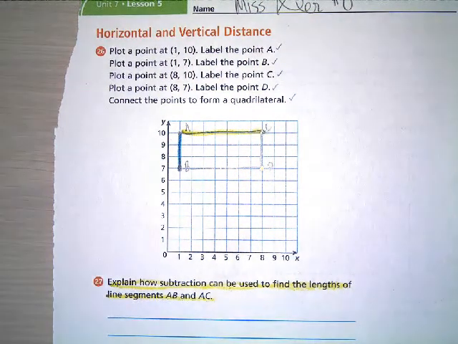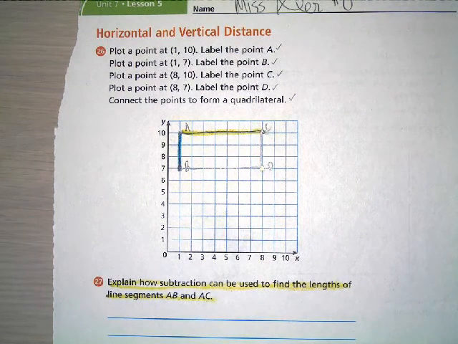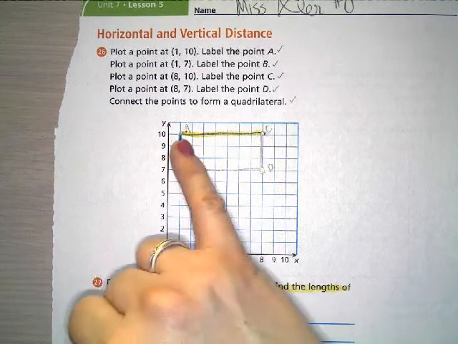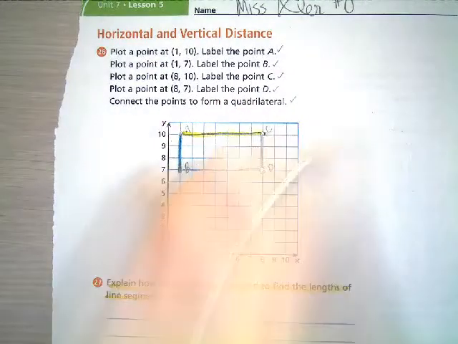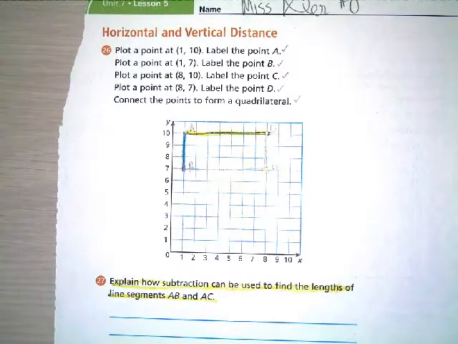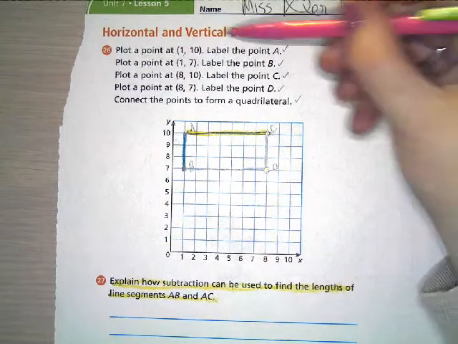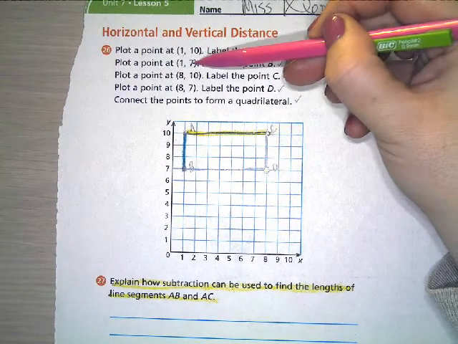They're saying, how can you use subtraction to find out the lengths of these segments? Some people might be going like this. Well, you just count over and then you would subtract how many you went down. And some people are thinking, what does that even mean? Well, take a look. If you look at just the numbers, we have 1 and 1, 10 and 7.